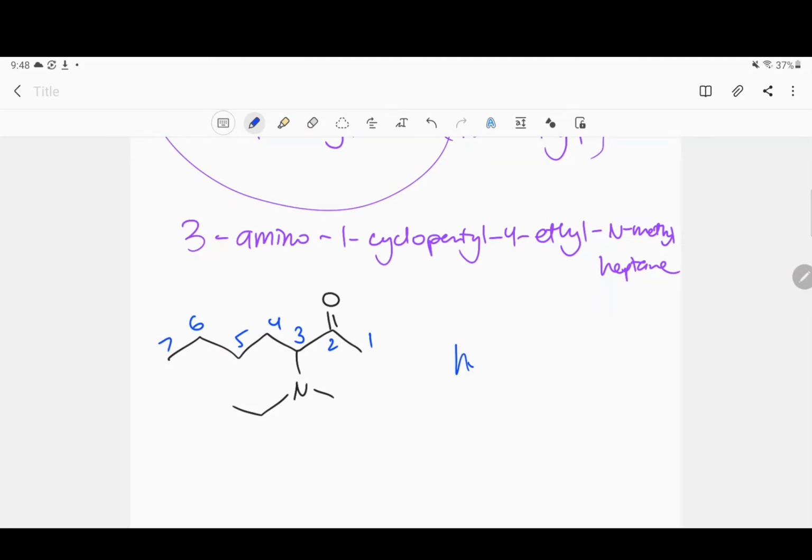So we have heptan-2-one. That's our parent name. Cool. The only thing we have is carbon 3 has an amino group. And on that amino group, we have a methyl group and an ethyl group.